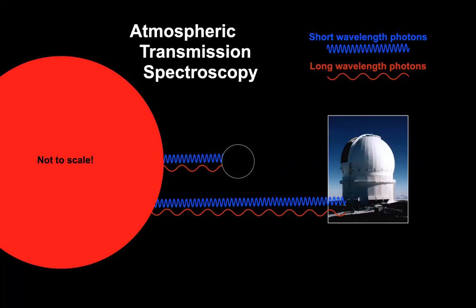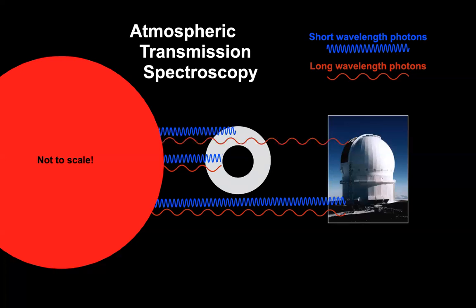But if instead of that planet being just a rock that's opaque at all wavelengths, what if that planet had an atmosphere? A large sort of gaseous atmosphere. And that atmosphere was opaque at blue wavelengths, but not at red.